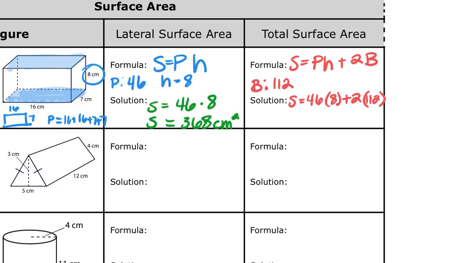This is 592 centimeters squared. So this is total, and this is lateral, okay? So those are two different things that we're looking at.